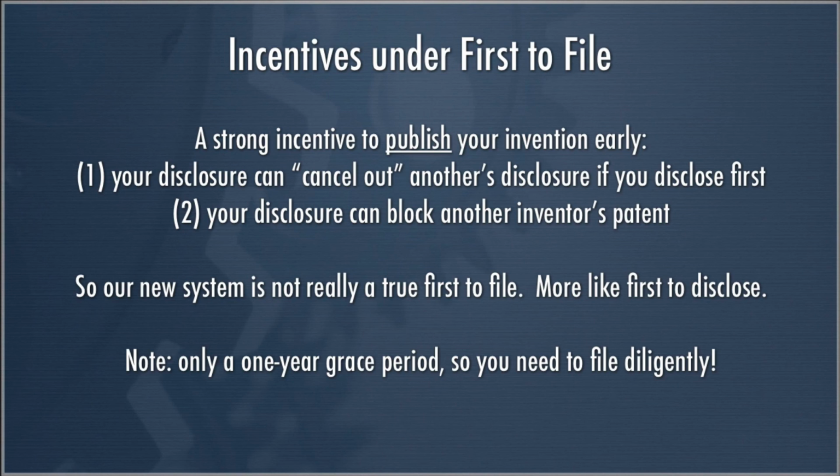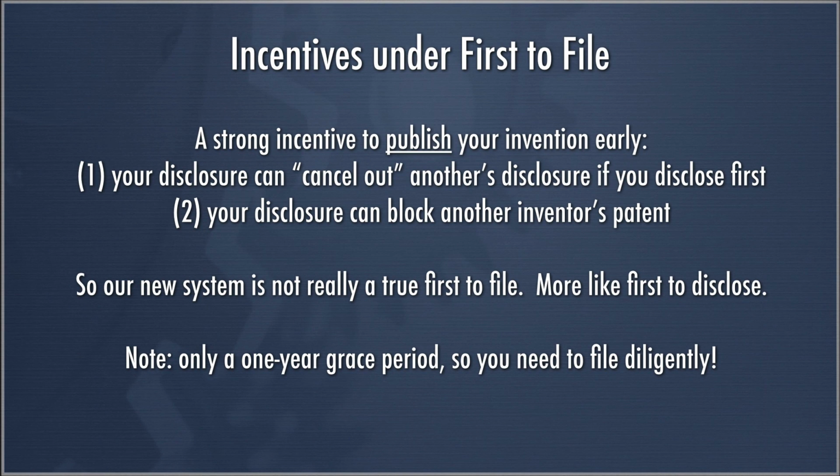Well, that disclosure then that you made is not protected under the grace period, so it's prior art, and if it covers your claims, then you will not get a patent. Right? So it's good prior art. On the other hand, no one else will either, right? Because it's good prior art against not only you, but everybody else.